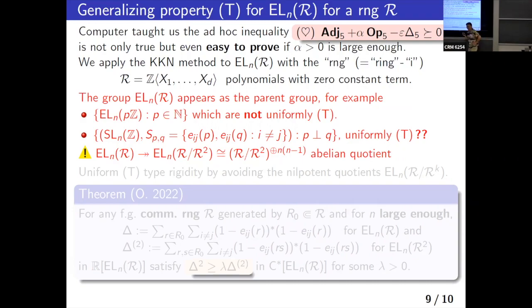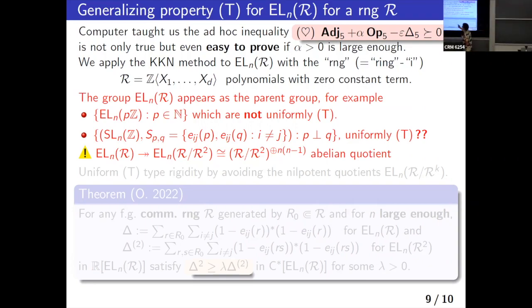And anyway, it's a conjecture that SL_N(Z) is uniformly Kazhdan, meaning that the Kazhdan constant is universal, independent of the generating set of size, let's say, size of B. And the simplest case is a generating set like this, but it's still not known.